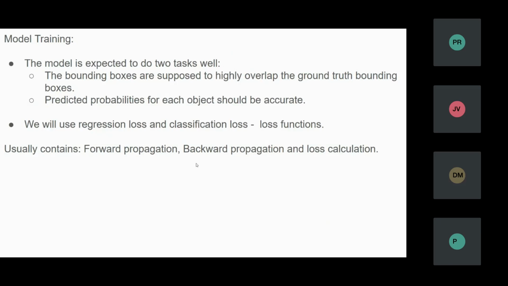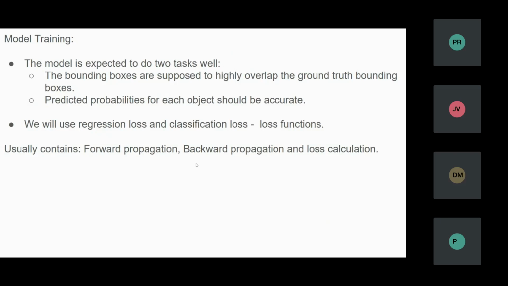After developing the model, it's time to train the model. The model is expected to do two tasks well: the bounding boxes are supposed to highly overlap the ground truth bounding boxes, and the predicted probabilities of each object should be accurate.